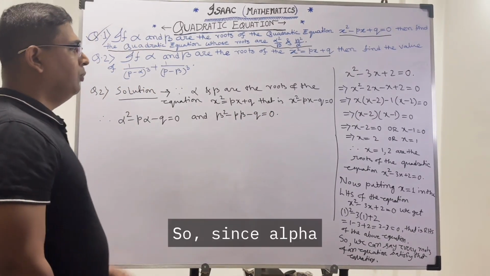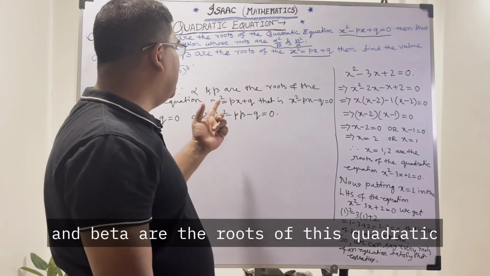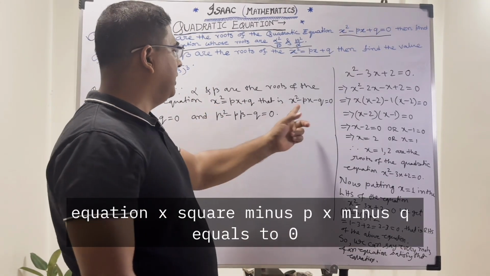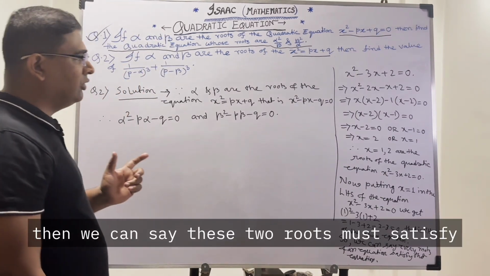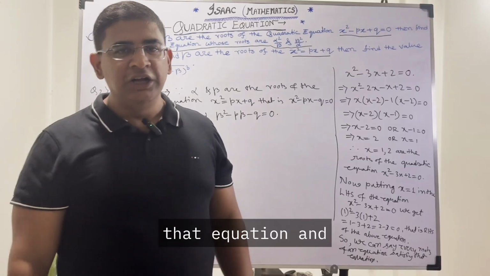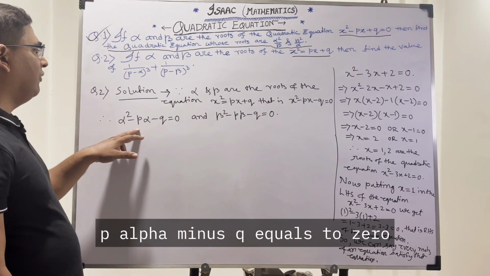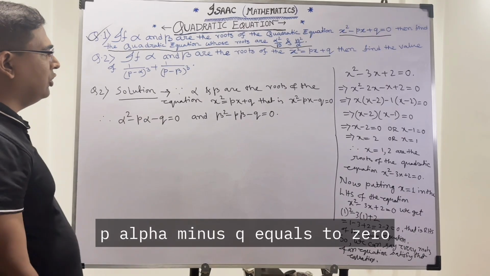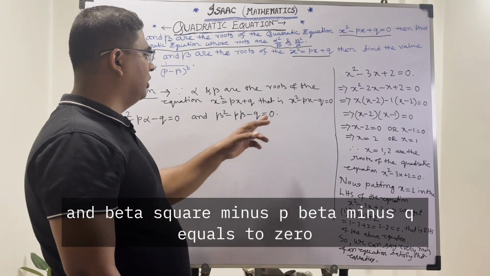Okay. Since alpha and beta are the roots of this quadratic equation x square minus px minus q equals 0, these two roots must satisfy that equation, and that is why we can say alpha square minus p alpha minus q equals 0 and beta square minus p beta minus q equals 0. Okay.